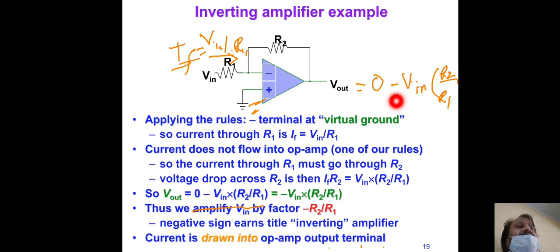This negative sign is considered an inverting amplifier; the factor of minus R2 by R1 is called an inverting amplifier. The current is drawn from the output terminal of the op-amp.